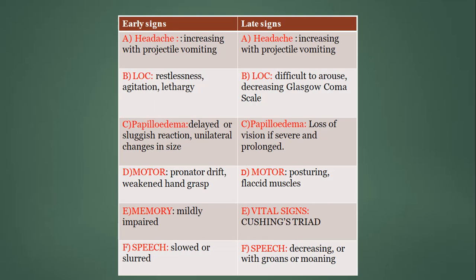Then there can be different posturing that can show the motor disturbance, and the memory loss can be in the earlier signs of the raised intracranial pressure, and the Cushing triad will be observed late, but few of the components of the Cushing triad can be seen early as well.